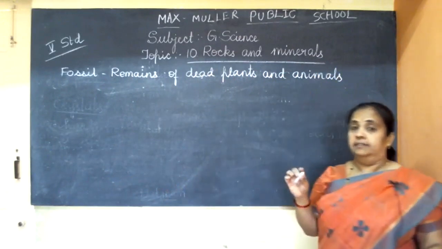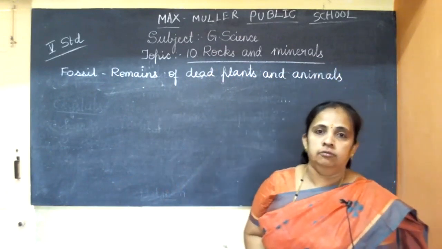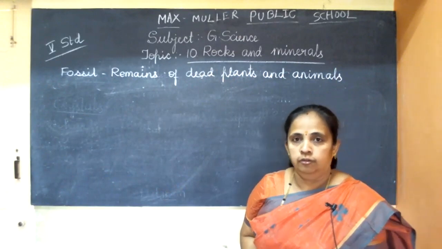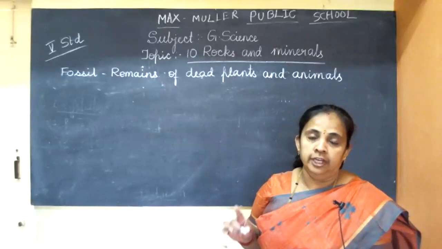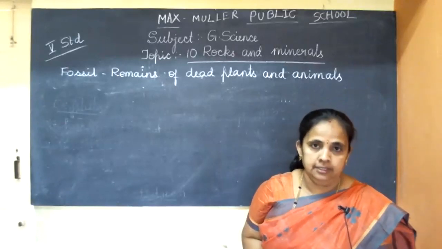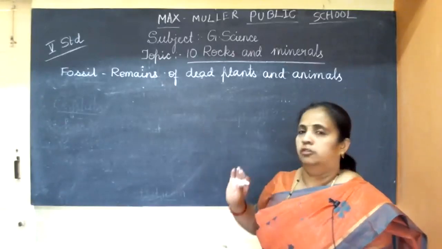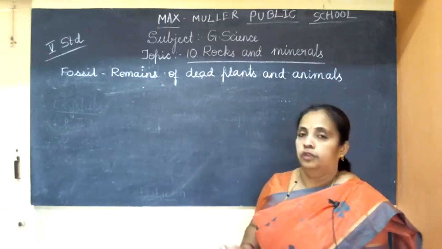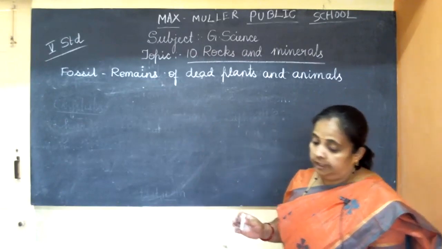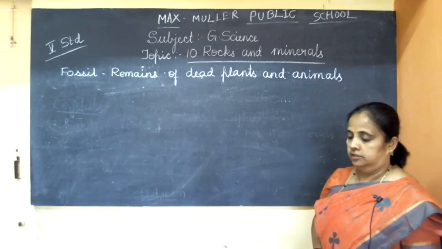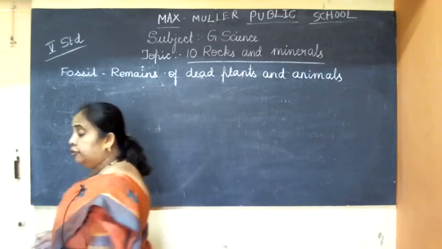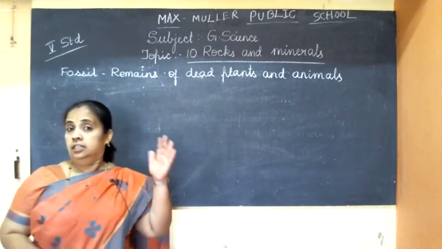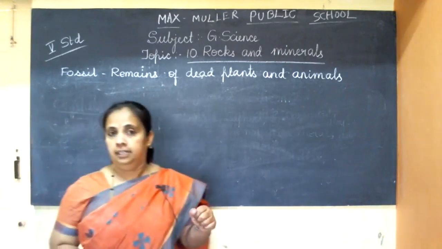I said even limestone is not formed from the sediments. It is formed from a mineral called calcite, which is present in the shells of dead plants, dead animals. I told, is it not? So this fossil means the remains of dead plants and animals which are preserved in the rocks. Okay, yes. Now from this only, I said these will be buried deep inside the earth.